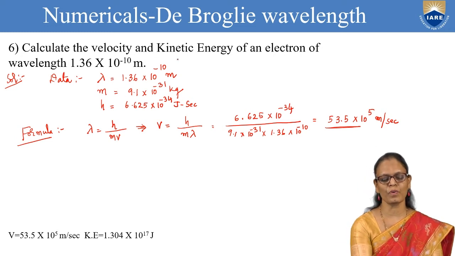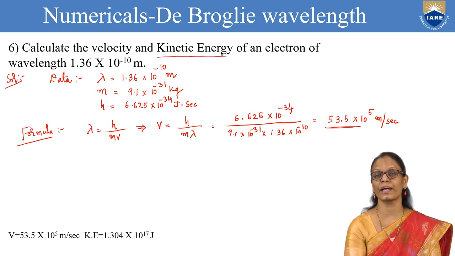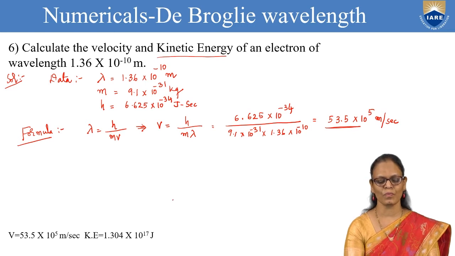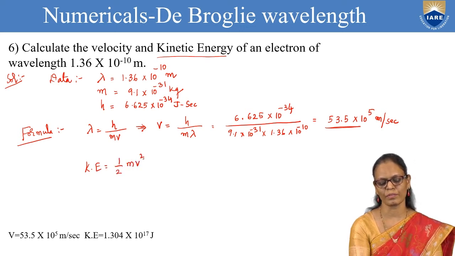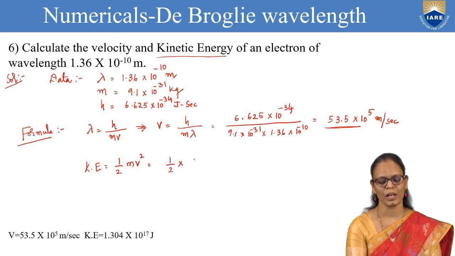Now the next step is to find the kinetic energy. What is the formula we are going to use for kinetic energy? Kinetic energy is equal to half mv square. So this is half m, and again we use the mass of the electron, 10 power minus 31, into v square.